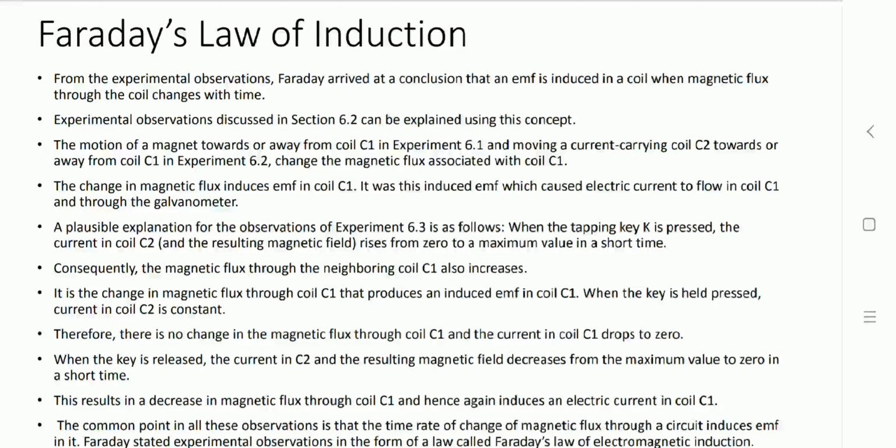Same in experiment 1, we are changing the position of the bar magnet. In experiment 2, we are changing the position of coil C2. By changing its position, the magnetic field generated from the current gives you the magnetic flux, and the magnetic flux variation gives you the EMF in coil C1. As the EMF is produced in C1, current starts to flow through that coil.